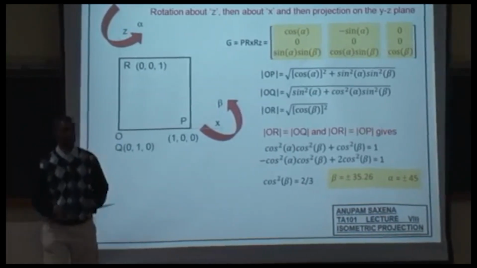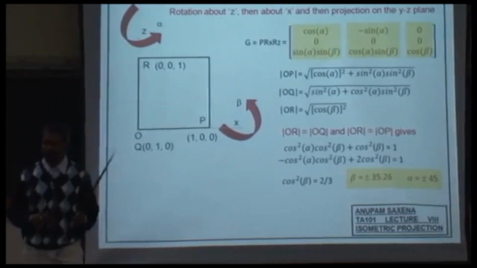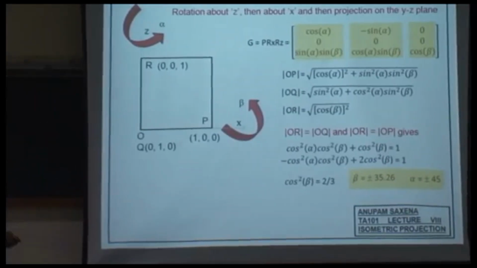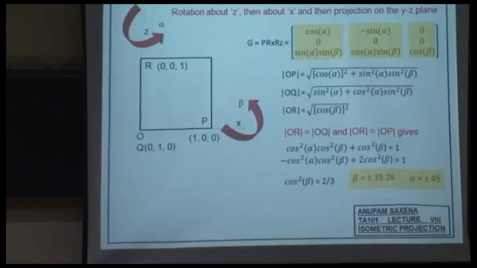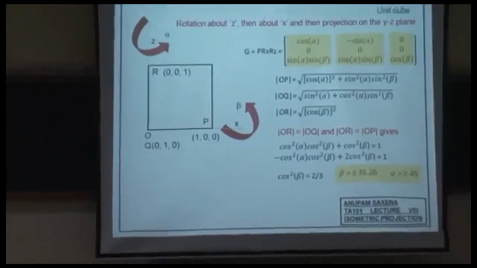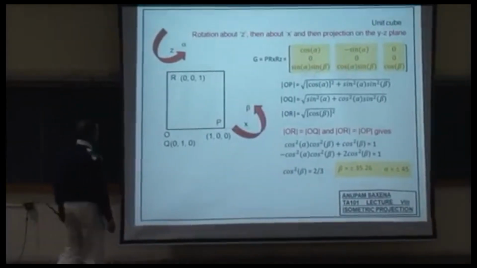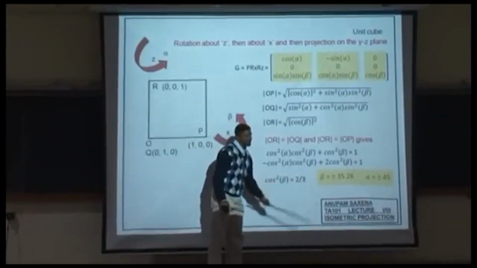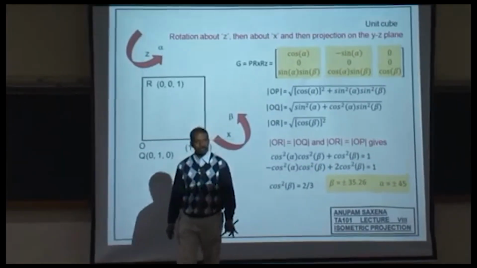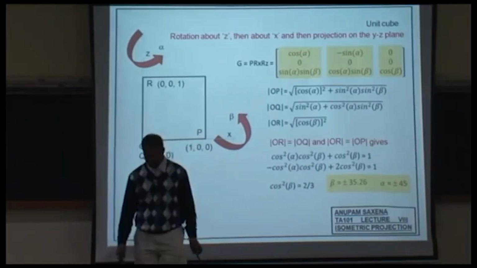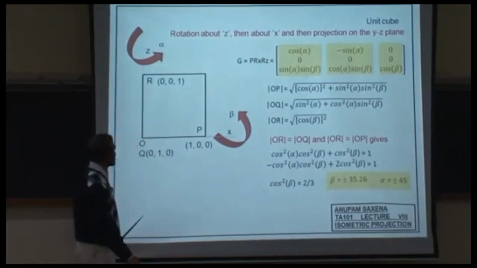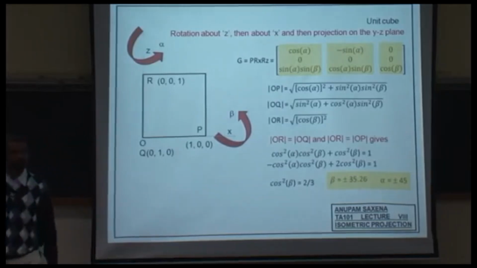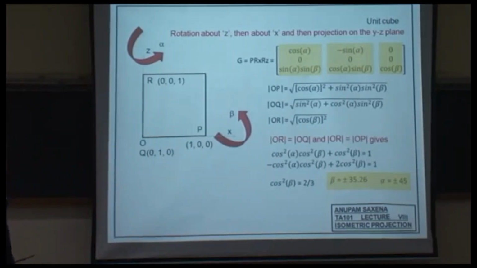We computed the lengths OP, OQ, and OR, and equated them: OP equals OQ equals OR. We did some algebra, and we eventually got our solution: beta equal to plus minus 35.26 degrees, and alpha equal to plus minus 45 degrees.